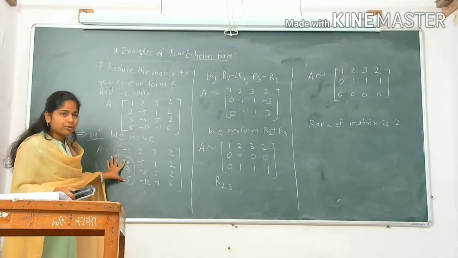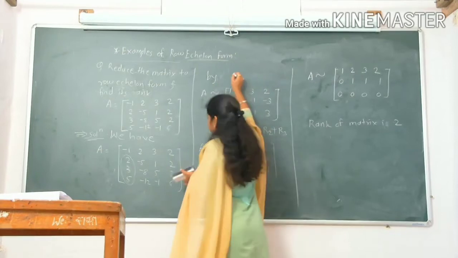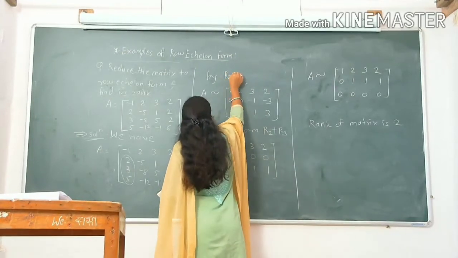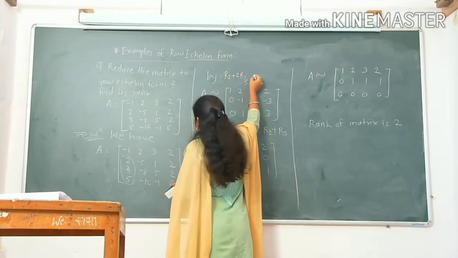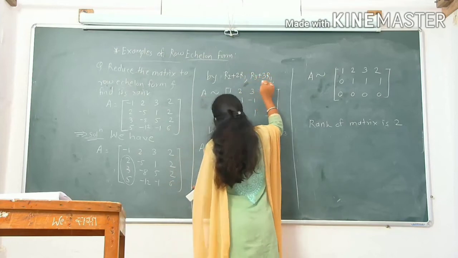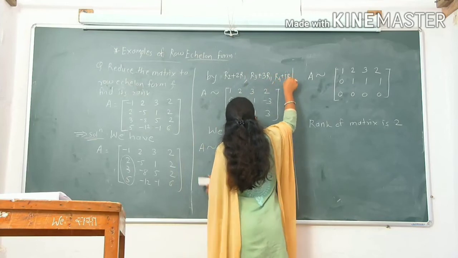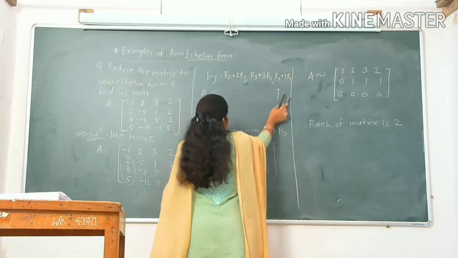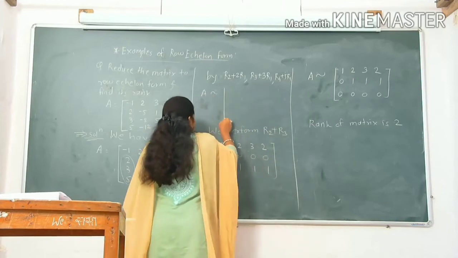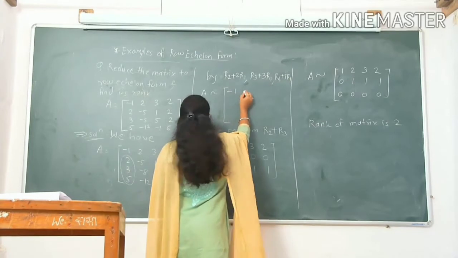We have to make these elements 0. So by performing R2 plus 2R1, R3 plus 3R1 and R4 plus 5R1, we get A is similar to the first row as it is.